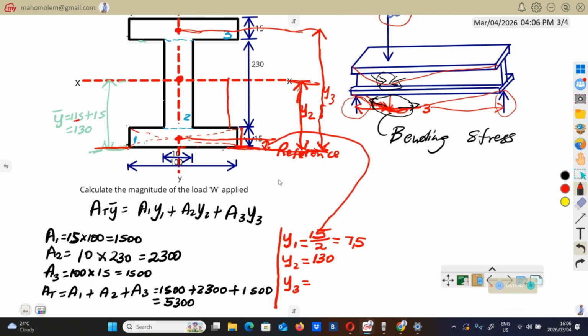So how much will this y3 be? Remember this point is going to be halfway in the middle of these two lines. These two lines are 15 meters apart, so half of 15 is 7.5. Meaning from here to there is 7.5.